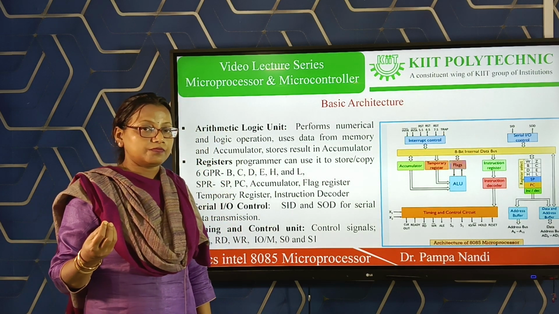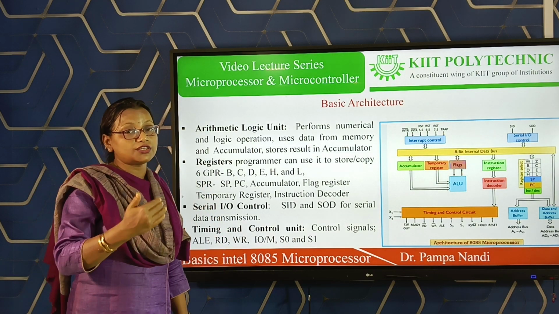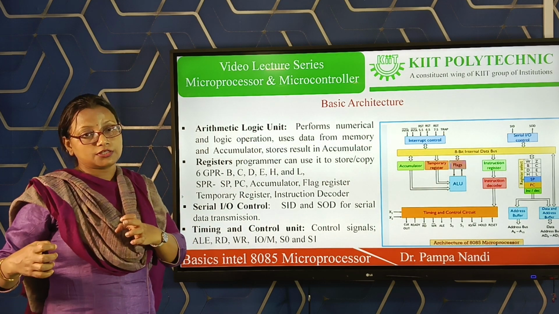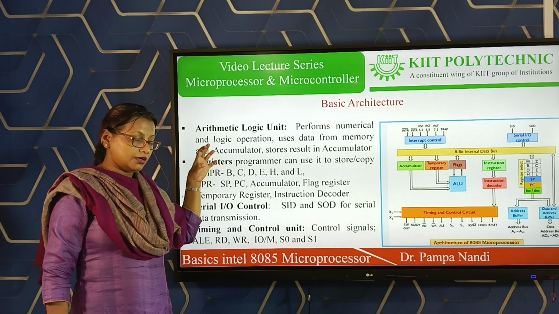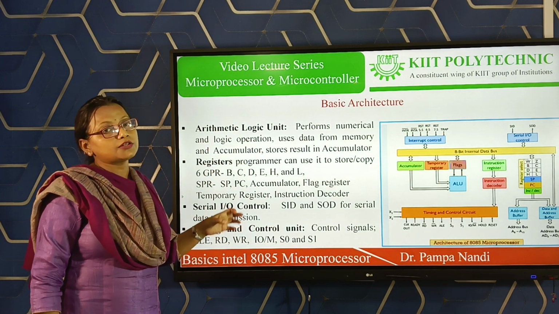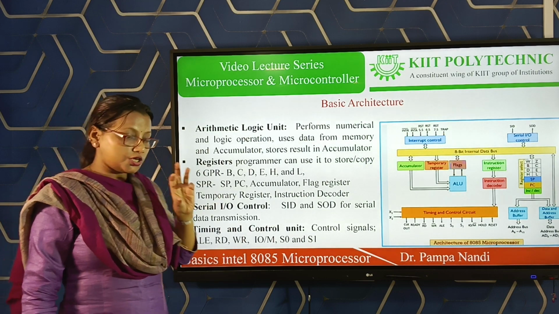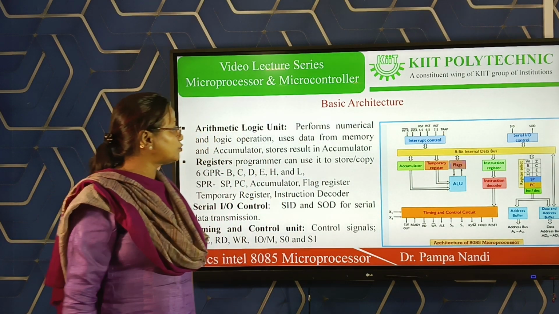So everything is required, as well as the synchronization, that is, what the processor will do according to the user's program. That deciding portion is done by the unit called the control unit.